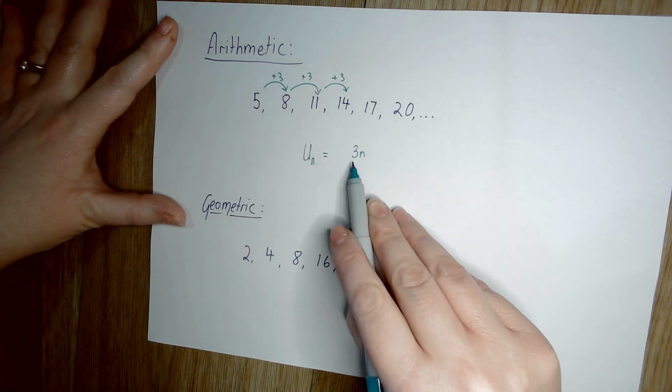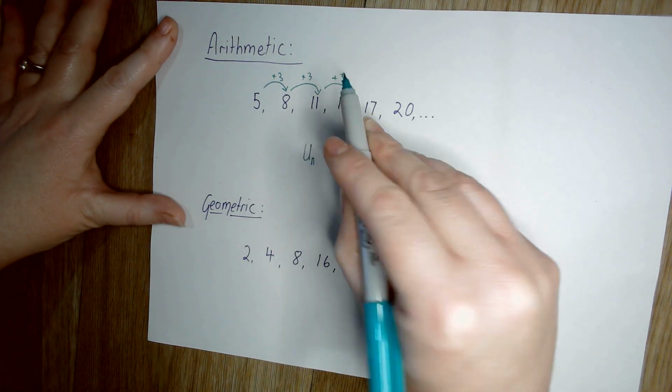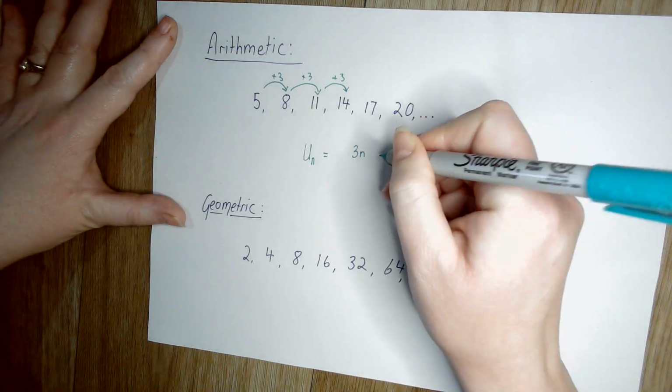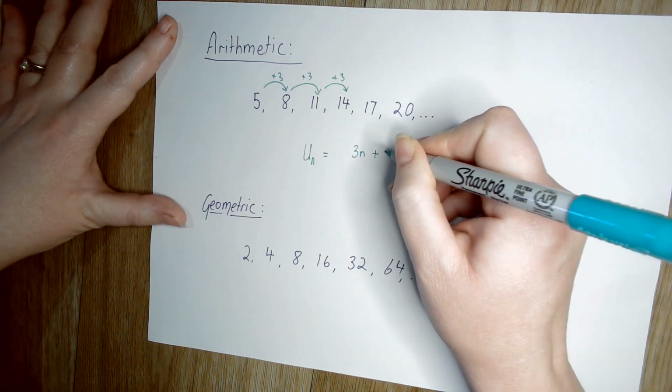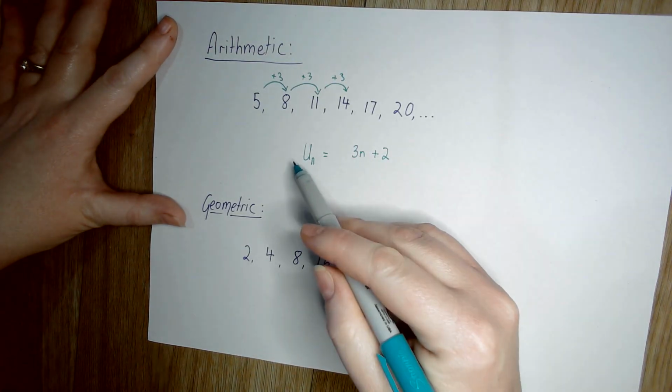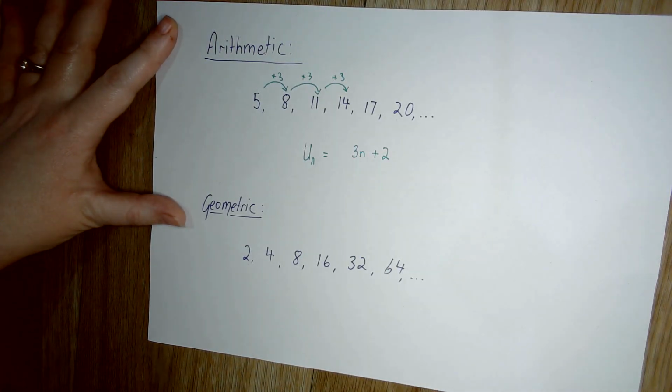Yep, that works. 3 times 3 is 9, we add 2 to get to 11. I've left way too big a gap there, I do apologise. Our actual formula is just going to be 3n plus 2. So that would be the general term for that formula, and it's an arithmetic sequence.